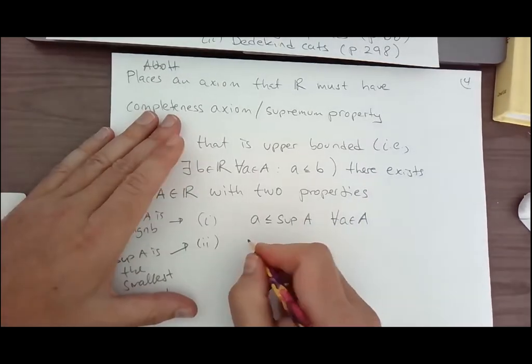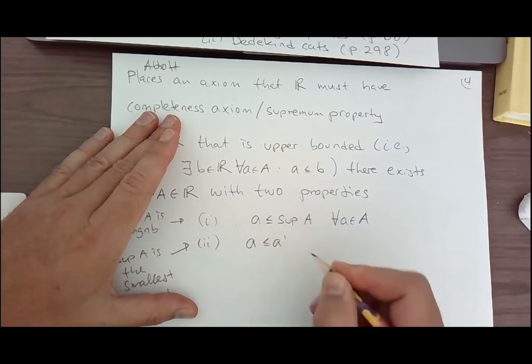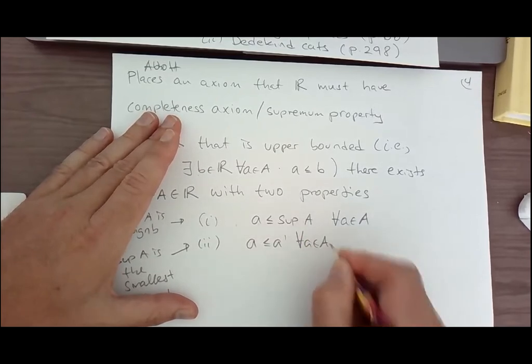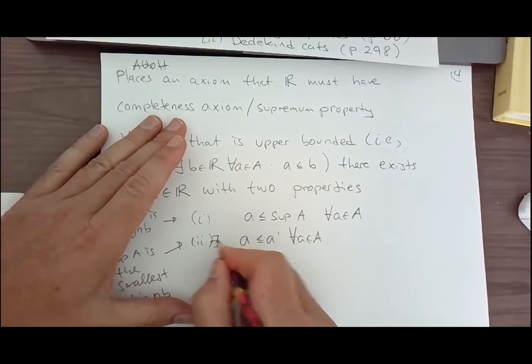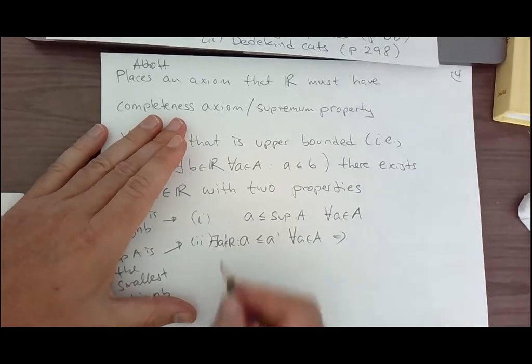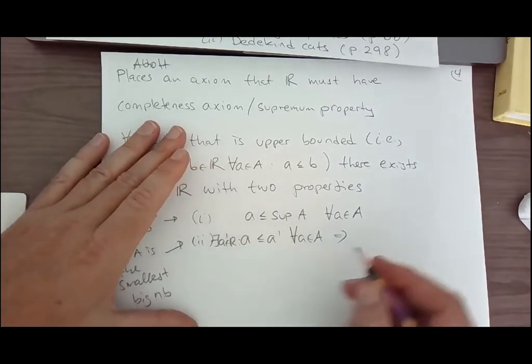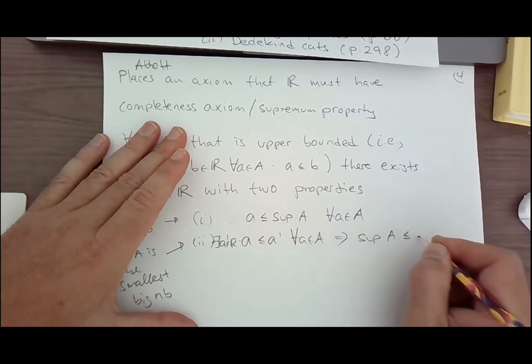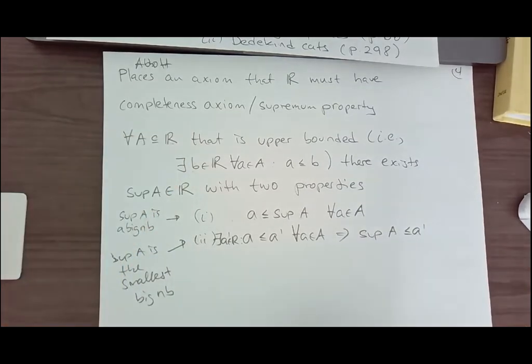Well, if a is less than a' for any a in A, so if there exists an a' in R such that this is true, well, then a' is going to be big. So we'll have that sup A is going to be less than a'. If there is such a number, which is also a big number, so it's going to satisfy the same inequality as sup does, the first one here, well, then sup is going to be smaller. So sup A is a big number, but it's the smallest big number.